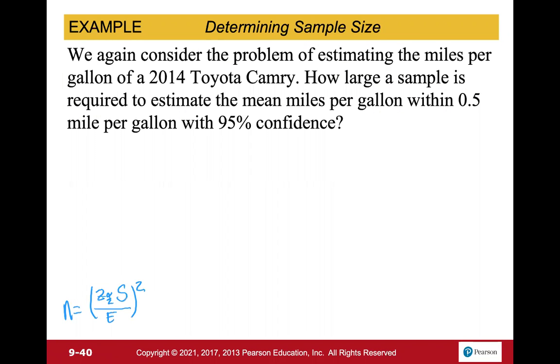So now with this data, we again consider the problem of estimating the miles per gallon of a 2014 Toyota Camry. How large a sample size is required to estimate the mean miles per gallon within 0.5 miles per gallon with 95% confidence? So that tells us that E is 0.5, with 95% confidence.